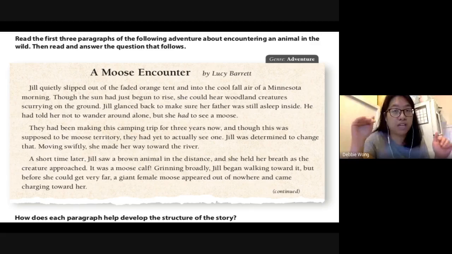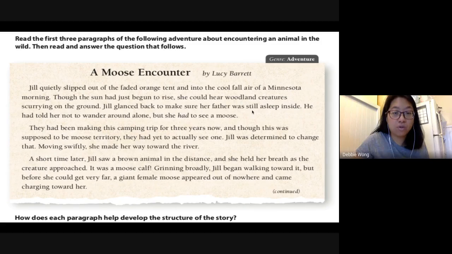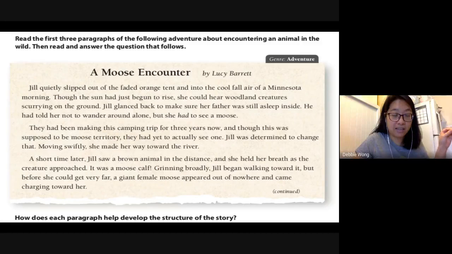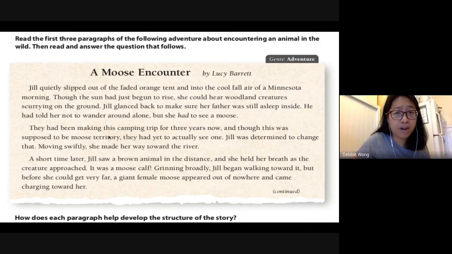That's what scurrying means, when they run away quickly, running around, all right? It says Jill glanced back to make sure her father was still asleep. So she's watching, and her father is sleeping inside, okay? Next paragraph.